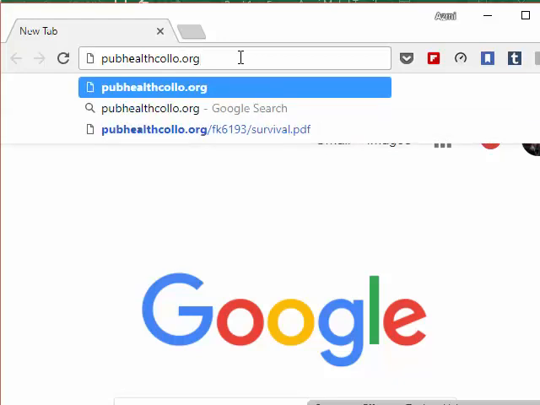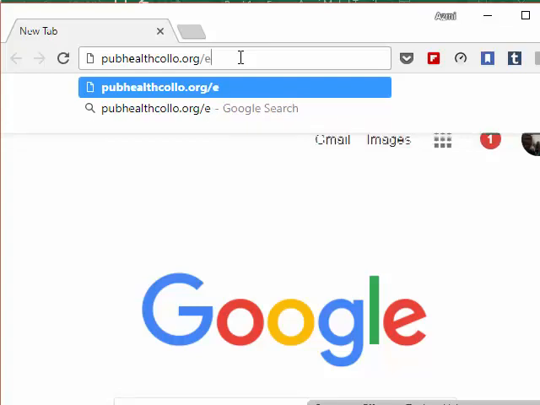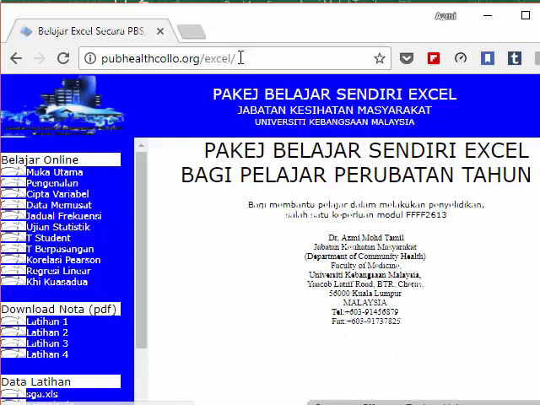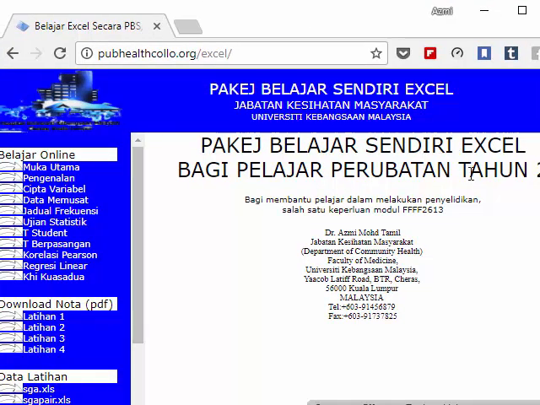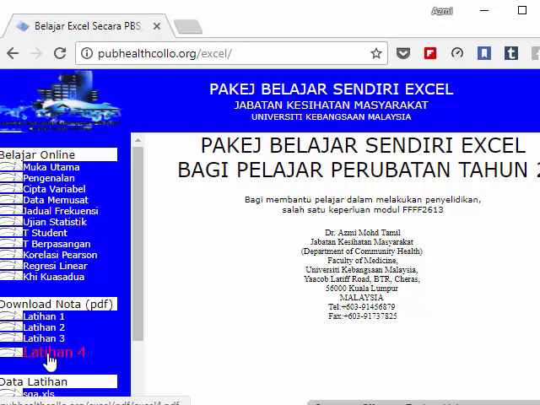Organization. Pubhealthcolo slash what you want to learn? I want to learn Excel. You type there. Please take note, the year is 1999, so it is before Adila. In fact, these are all the same lecture, the same exercise. 1, 2, 3, 4.